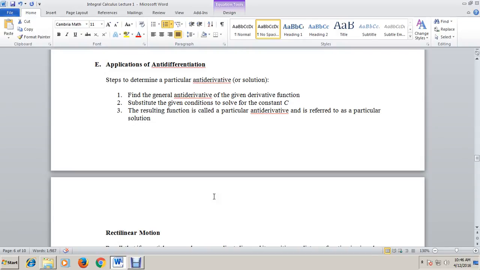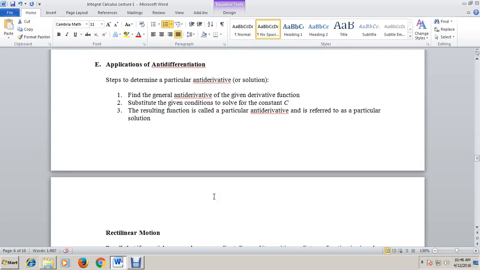Step number 2 is to substitute the given conditions to solve for the constant c. And third, the resulting function is called a particular antiderivative and is referred to as a particular solution. The solution becomes particular because, just like in step number 2, you will be looking for a particular value of the constant c.